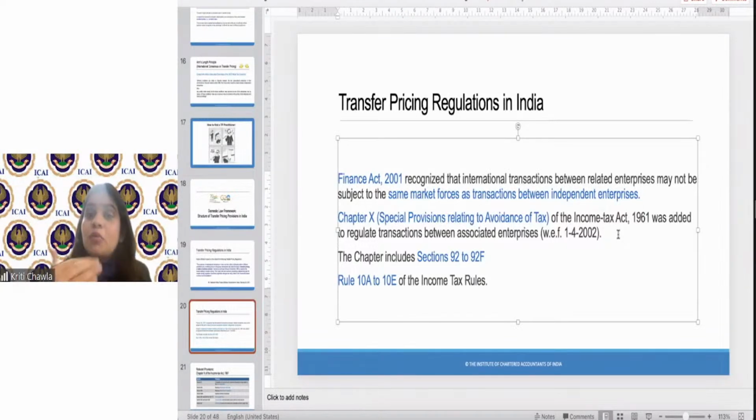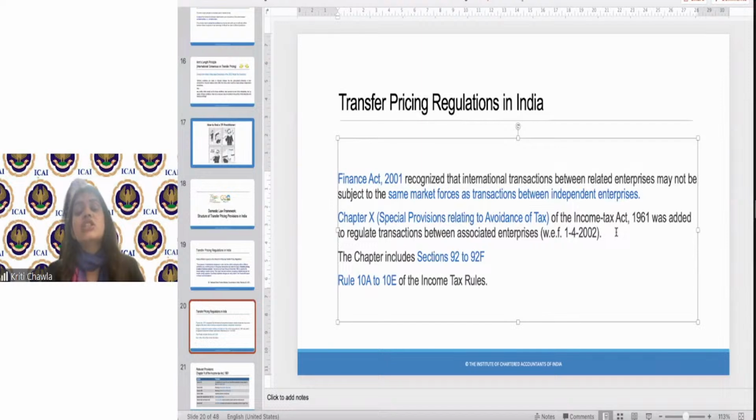So they wanted to come up with rules to make sure that these strategies were not in place, and they came up with transfer pricing provisions. We call them transfer pricing provisions, but the name of the chapter is special provisions relating to avoidance of tax. And they were introduced with effect from 1st April 2002.